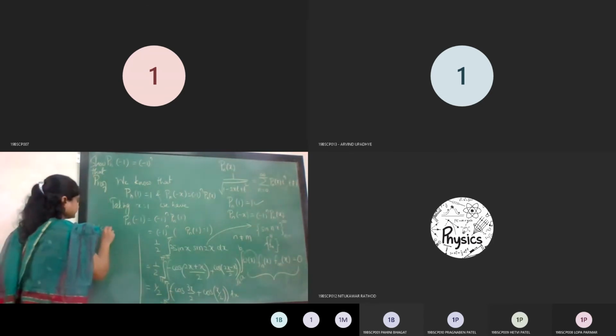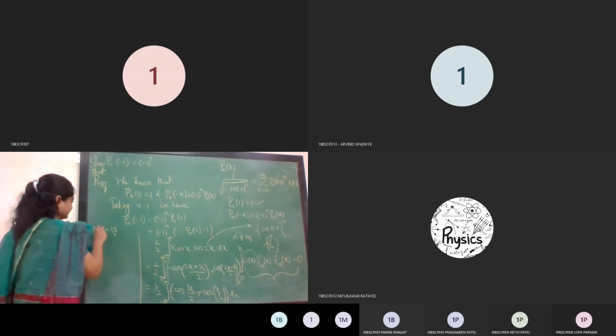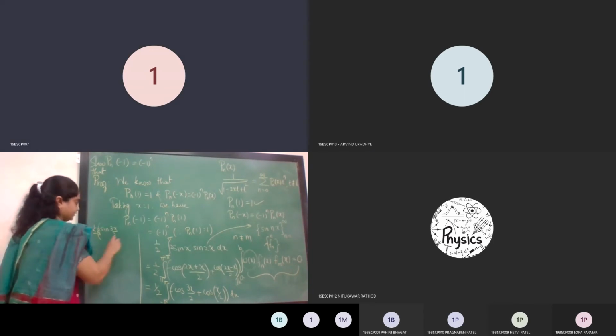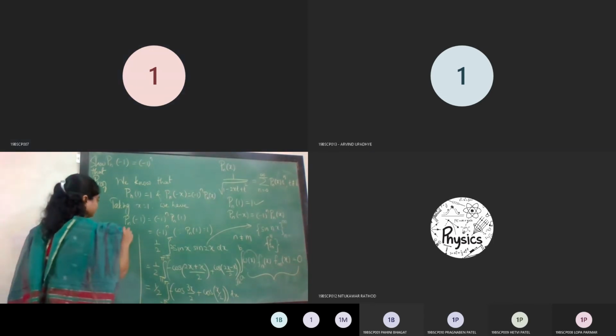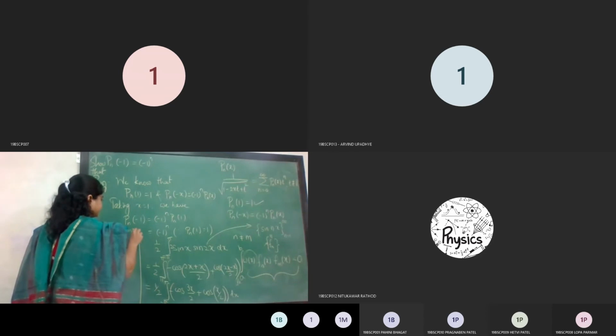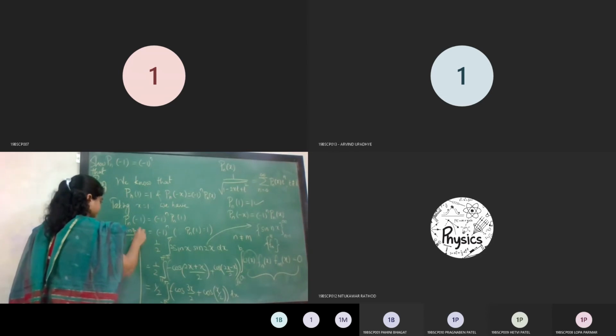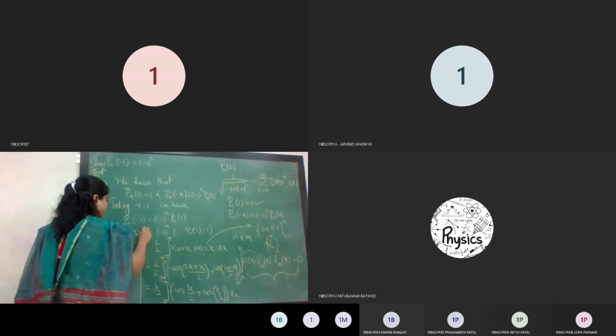So I will write it as sin(3x/2) upon 3/2, so that 2 by 3 I will write over here, and again minus sin(x/2) upon 1/2, and it is from minus pi to pi.